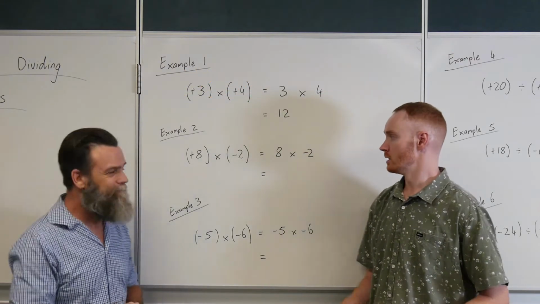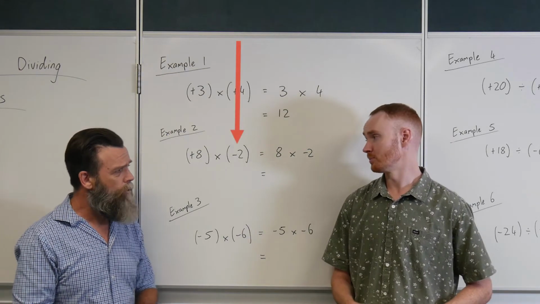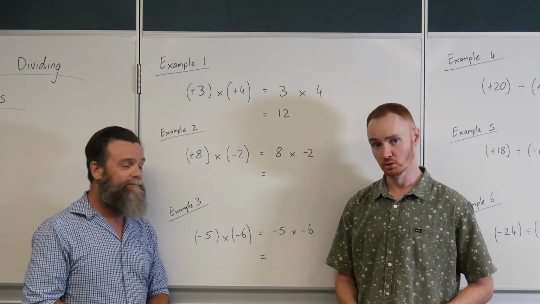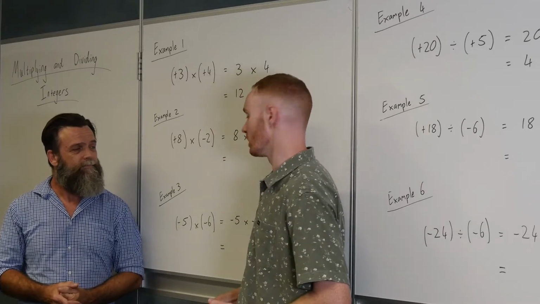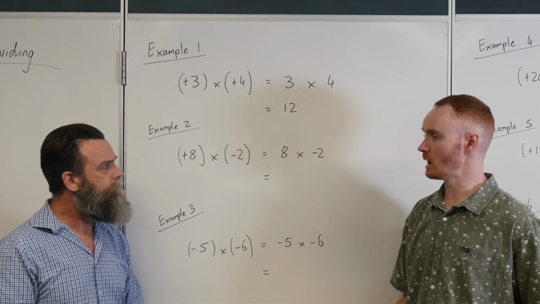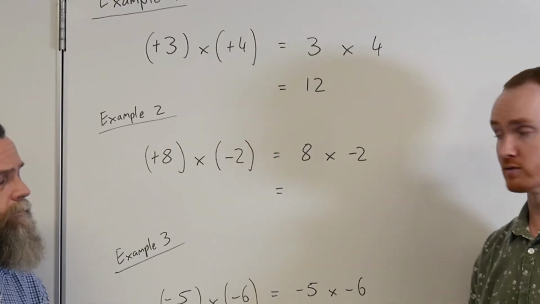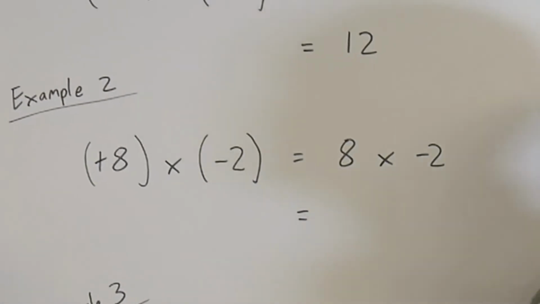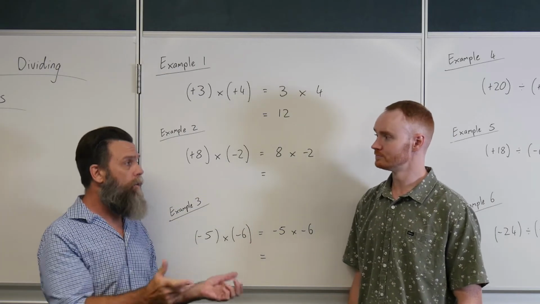Exactly. Now example 2, let's bring in a negative number. We've got positive 8 multiplied by negative 2. I've already rewritten the equation there, 8 times negative 2, without the brackets. So Mr. Wilkie, what do you think is going to happen when we multiply that positive by the negative integer? Okay, just multiplying the two numbers is exactly the same. So 8 times 2, I know is 16.